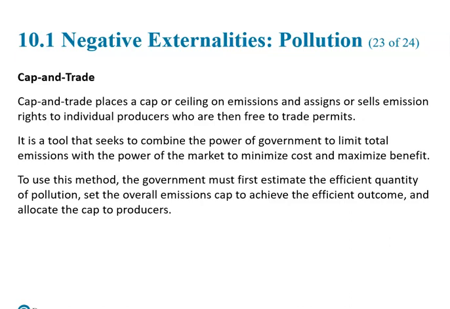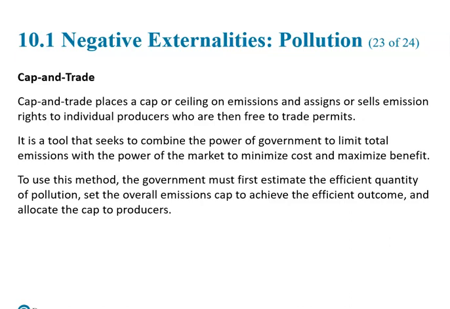So essentially, it tries to combine the power of the government, because the government is the one who is assigning these trade permits to the producers, but it also takes into account the power of the market, because the free market is essentially functioning because producers can buy and sell trade permits from each other.